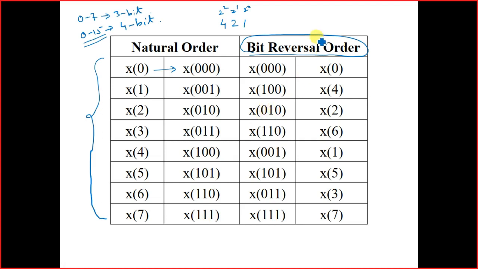Now what do we have to do now? We have to reverse the bit order over here. So we are having 0, 0, 0. We get 0, 0, 0. So bit reversal means the lowest significant bit comes to the most significant position, and the most significant bit comes closer to the low significant position.